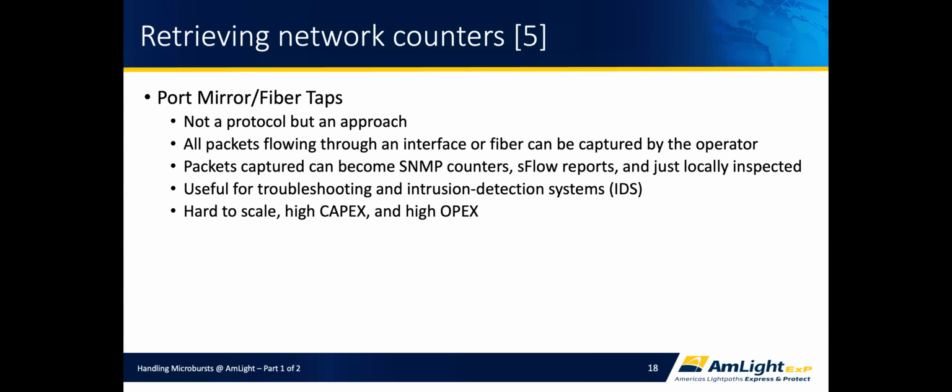They are interesting, but it's very hard to use them when you have 100 gig interfaces and a lot of traffic. They are useful sometimes, but hard to scale as a main approach for detecting microbursts. Maybe you can do this for one or two interfaces, but if you have a whole backbone, you're going to need one fiber tap per fiber. That's very complicated.